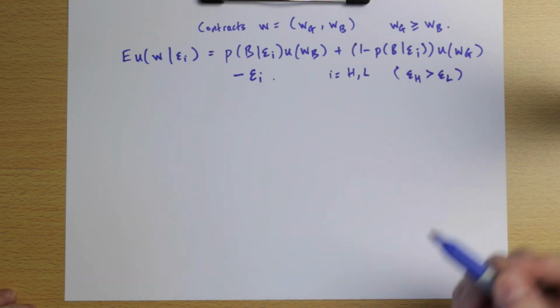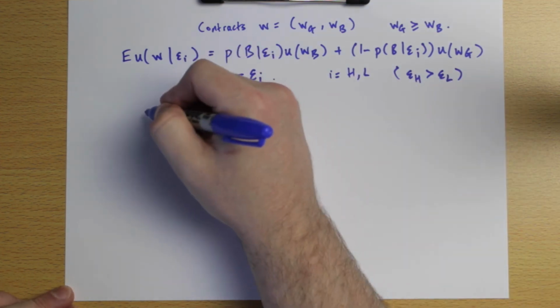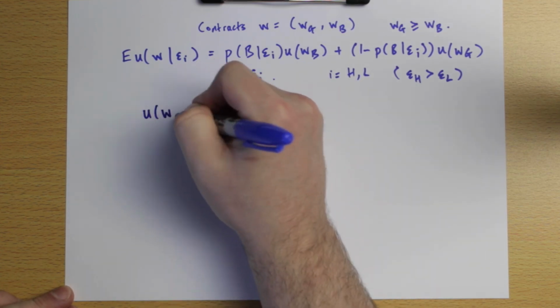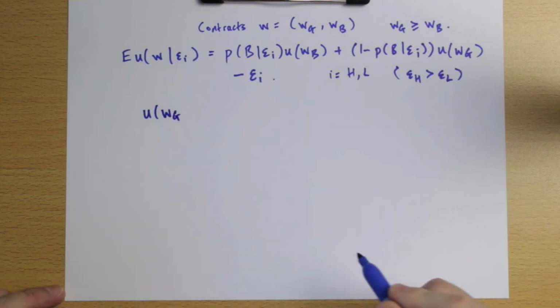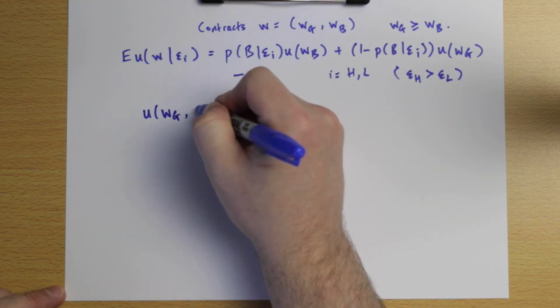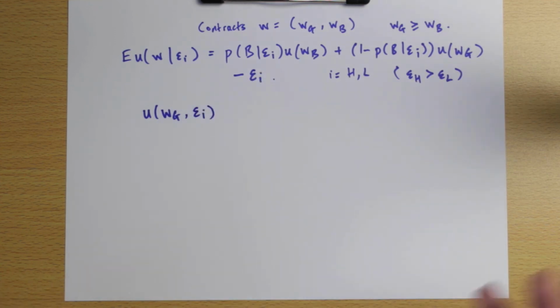So you could imagine, for example, a more general model. If I said something like the von Neumann-Morgenstern utility U, say the wage in the good state or the bad state, either. Well, we could think of it as kind of a bundle. I get that wage and I put in a level of effort. So in a sense, my utility is going to depend on two things.